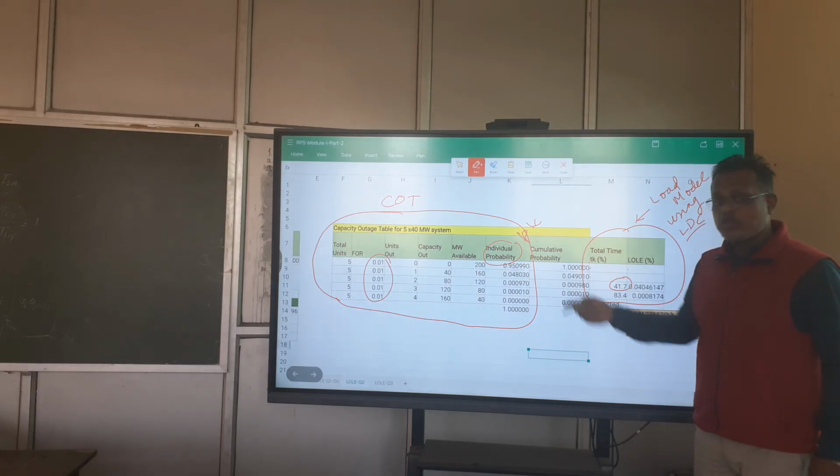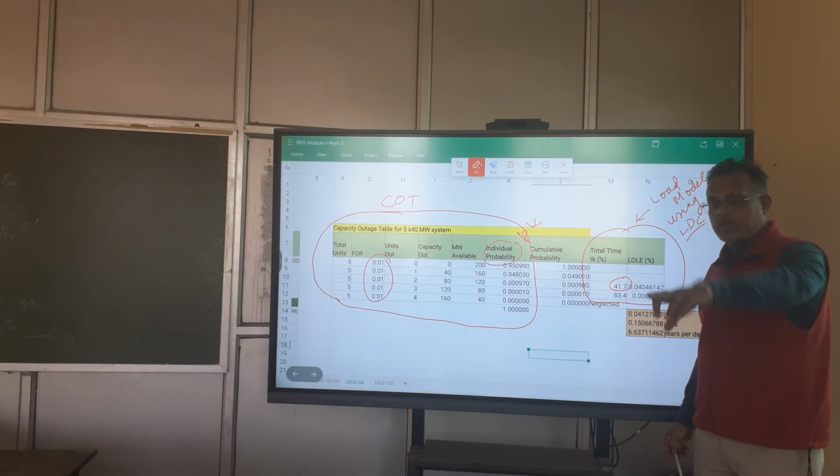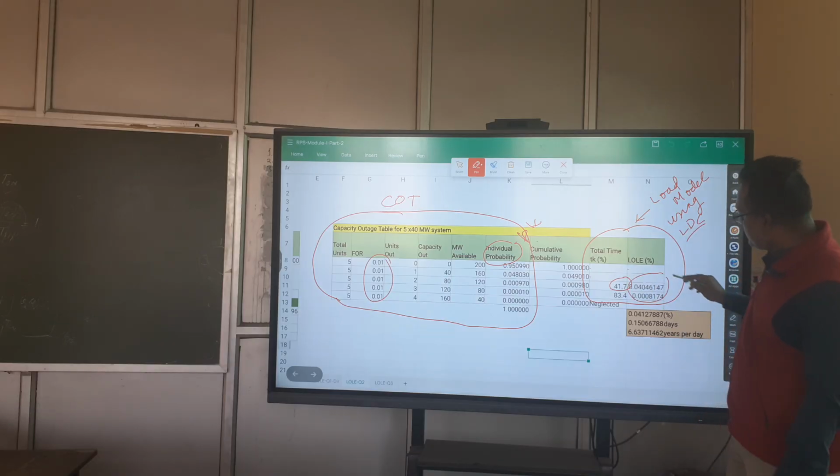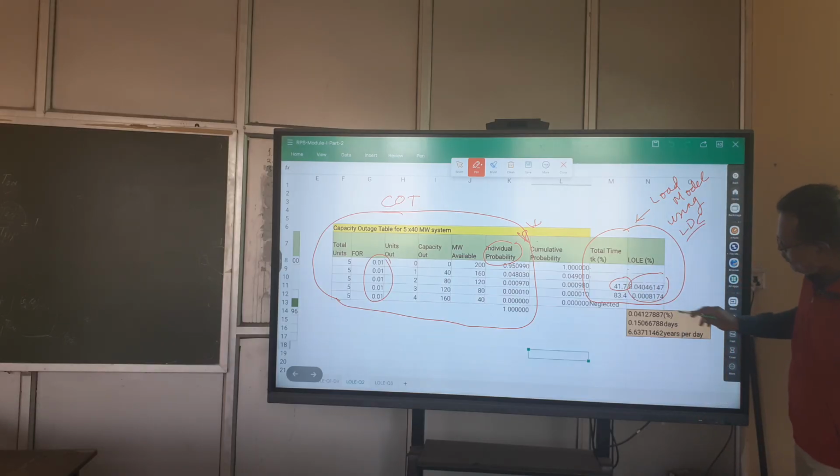The other one, using cumulative probability, you can also do with the other formula, but we are directly using this one into this one. Then you add up, percentage wise, days per year. This is the reliability of this system using LDC.